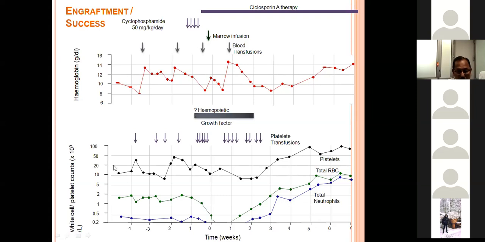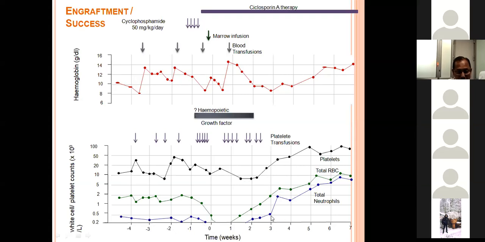So you see platelet of 20,000 here, week 3. This is week 3, day 21. This is the time when the platelet count has gone to around 20,000. Initially it was 10,000, and now it is 21,000. So अगर consecutive 2 दिन platelet 20 or above रहे, or neutrophil count 500.